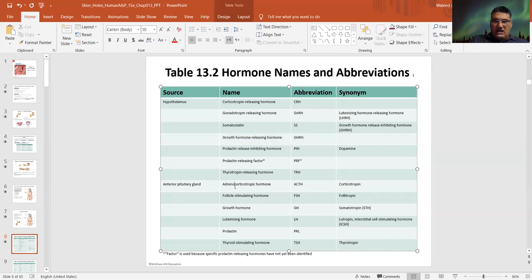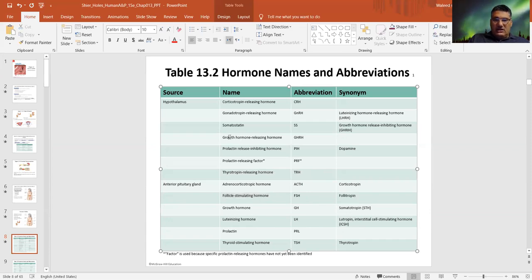But when it goes to the anterior pituitary it is going to translate it into two, not just one. LH and FSH, both of them are in response to gonadotropin releasing hormone. The other names for those are follitropin, and the luteinizing hormone is called lutropin. And both of those are going to go to the gonads.